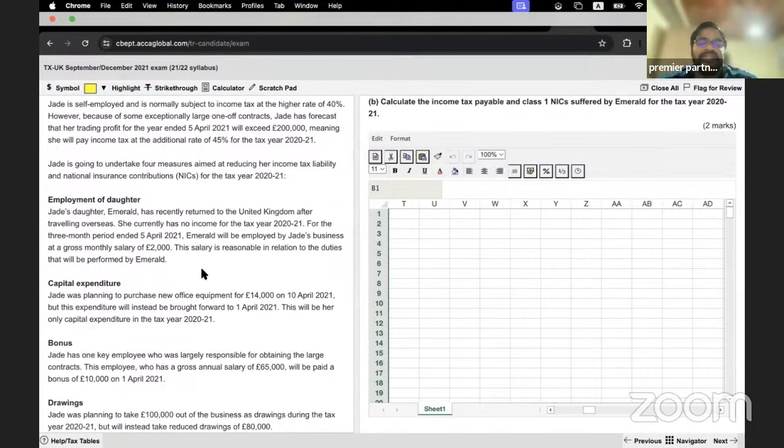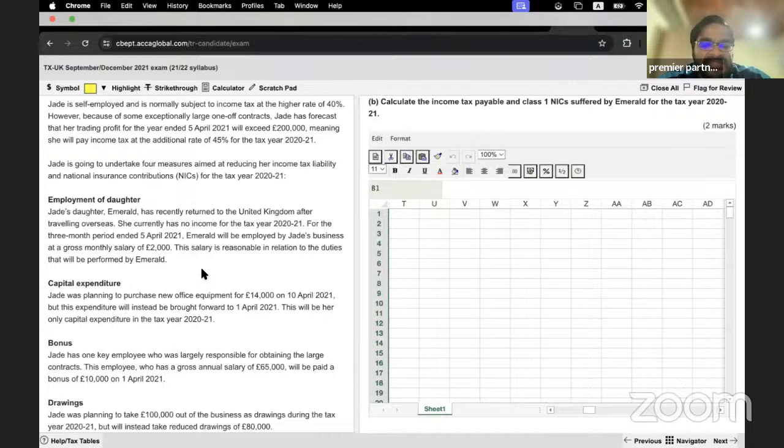Then we are reading the first part. Employment of her daughter. So that is Emerald. Our requirement is also relating to Emerald. Jade's daughter Emerald has recently returned to the UK after traveling overseas. She currently has no income for the tax year. For the 3-month period ended 5th April 2021, that means from January onwards, we are talking about, Emerald will be employed by Jade's business at a gross monthly salary of £2,000.